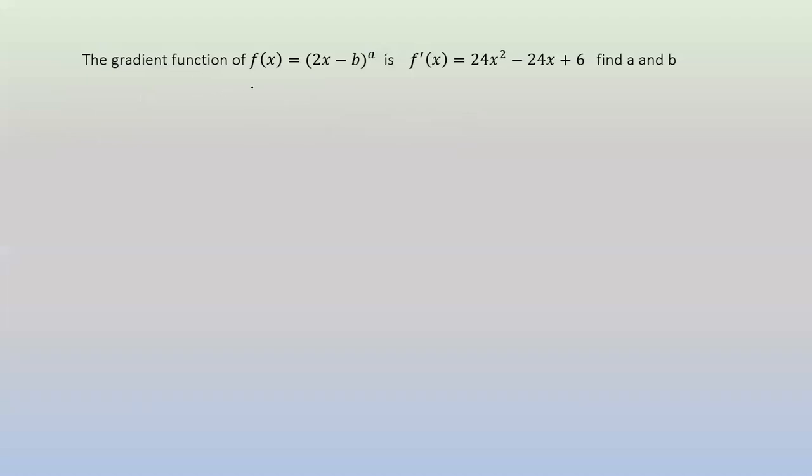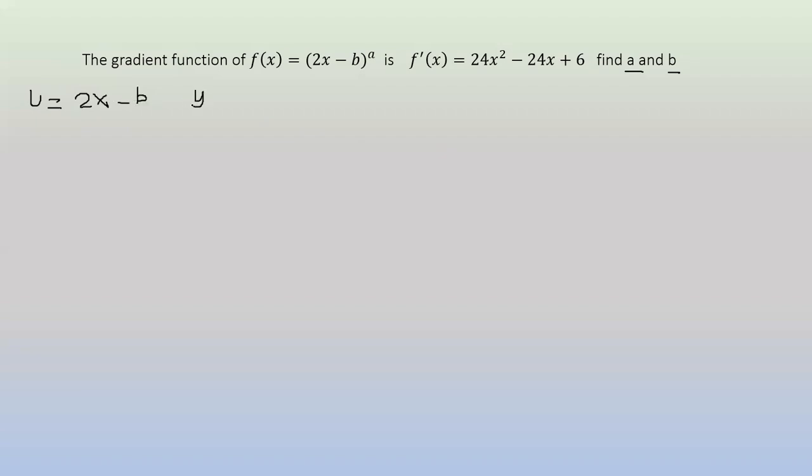Next, the gradient function of f(x) equals (2x minus b) to the power a is this one. The first derivative of f(x) is 24x squared minus 24x plus 6. We're going to find a and b. All right, consider u equals 2x minus b.